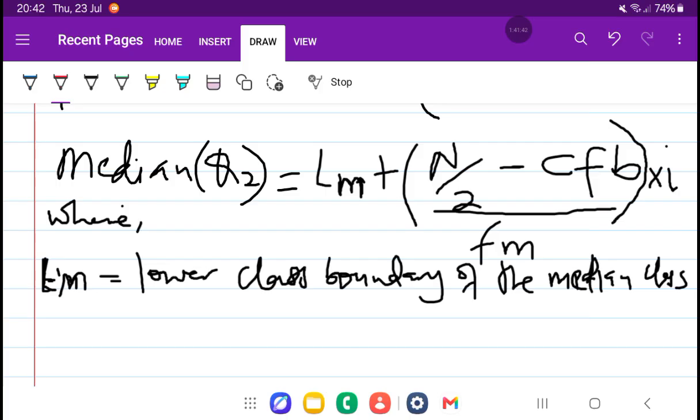Lowest class boundary of the median class is the LM.